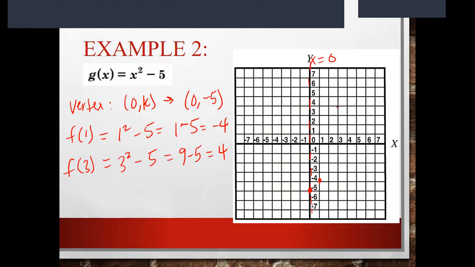So at 3, I'm at positive 4. I'm going to reflect them. 1, 2, 3. 1, 2, 3. One reflection made. I'm going to reflect it. 1, 1. And I'm going to sketch. And there's my quadratic graph.